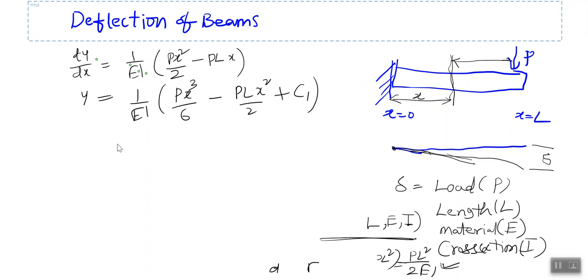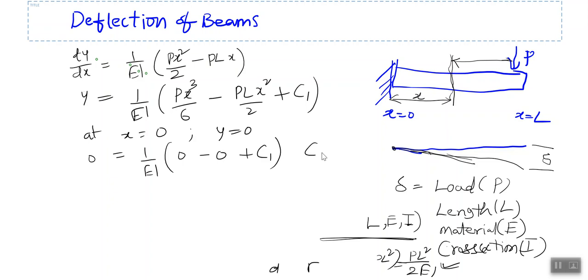Here also we can apply the boundary conditions. At x equal to 0, we have y equal to 0, that is the deflection at this location is 0. So our equation will become 0 = 1/EI times (0 minus 0 plus C1). From this we can write the constant C1 is also 0.